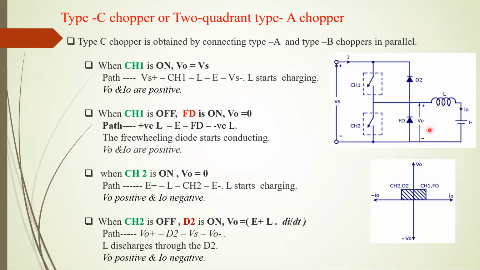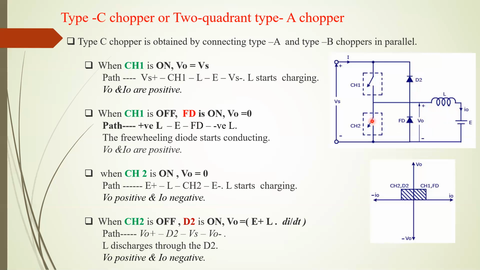This is the path we can observe here through the freewheeling diode, that is L. Now it gets discharged. Plus becomes minus, minus becomes plus. So the current will flow through diode 2.